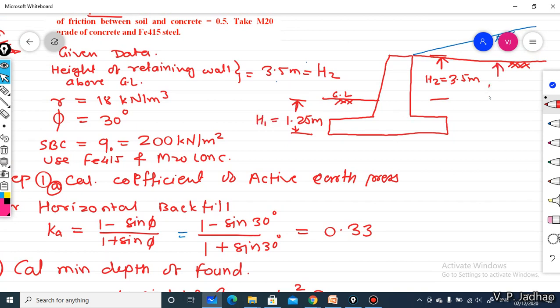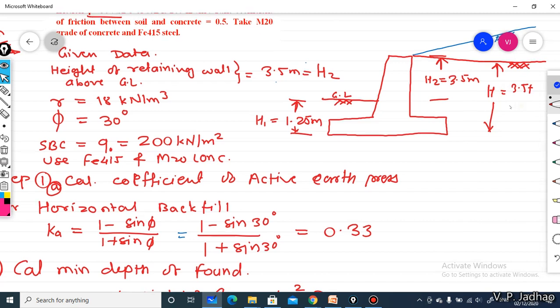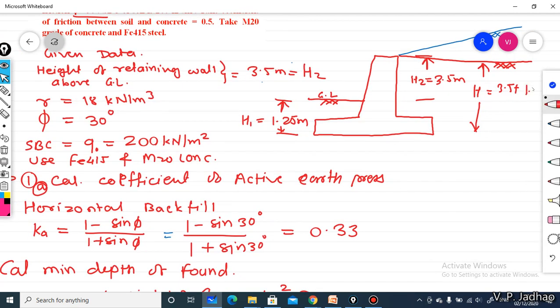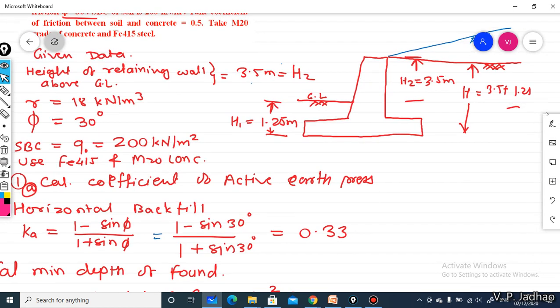Then the total height H is equal to 3.5 plus 1.25 meter. So the total height capital H comes out to be 4.75 meter.